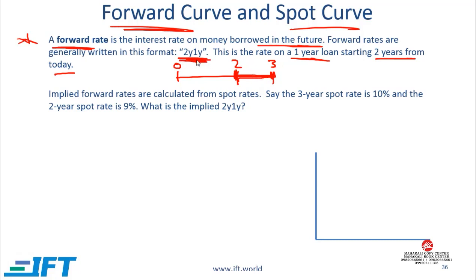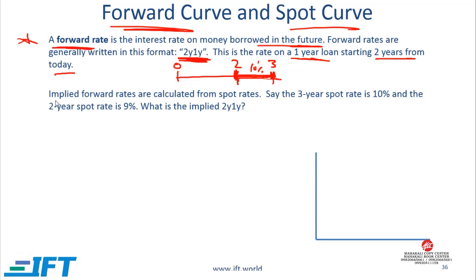And that is what 2y, 1y means. After 2 years for a 1-year period. The bank might say that the rate here is 10%. This is a forward rate. It is a rate in the future.